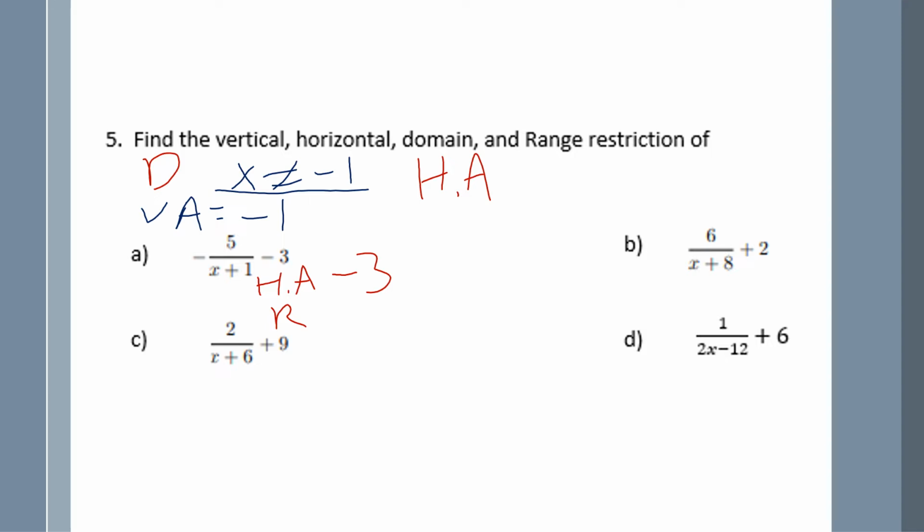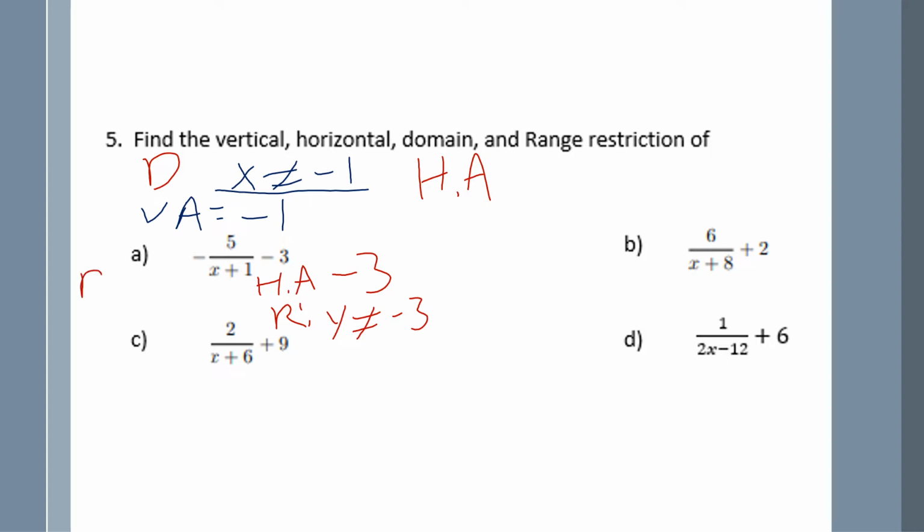In all honesty, though, many of us mathematicians don't deal with the range like that. We look at the horizontal asymptote, so you could still say x, or in this case, y cannot equal -3. You can say that. It's not important, but that's fine.